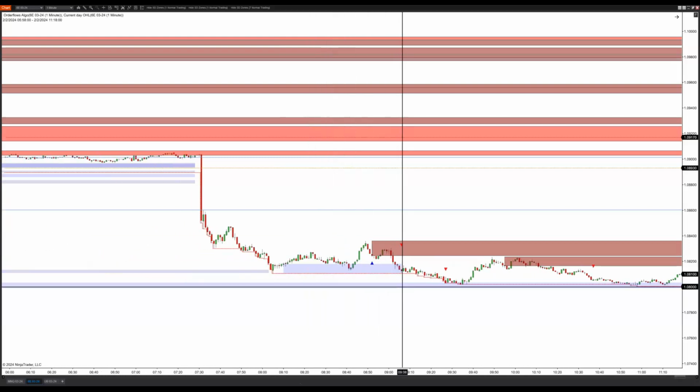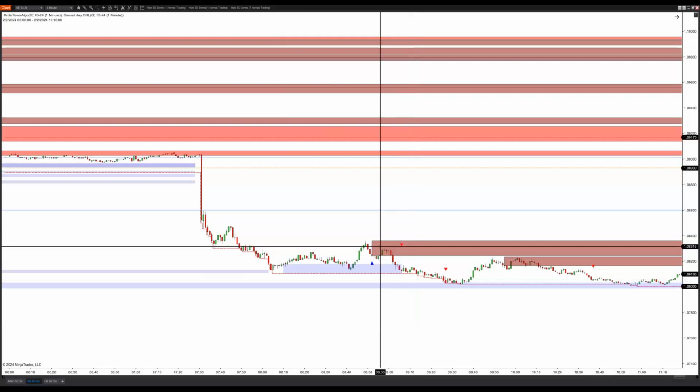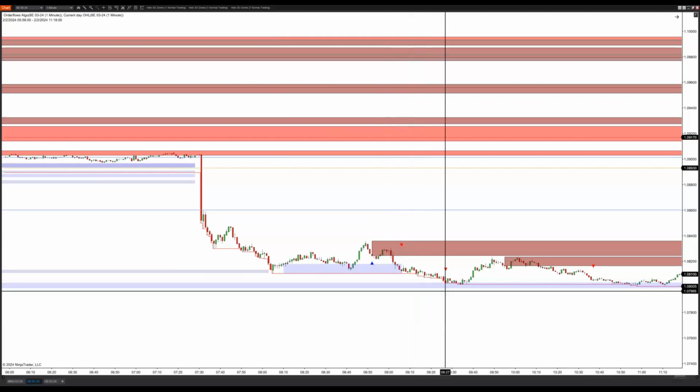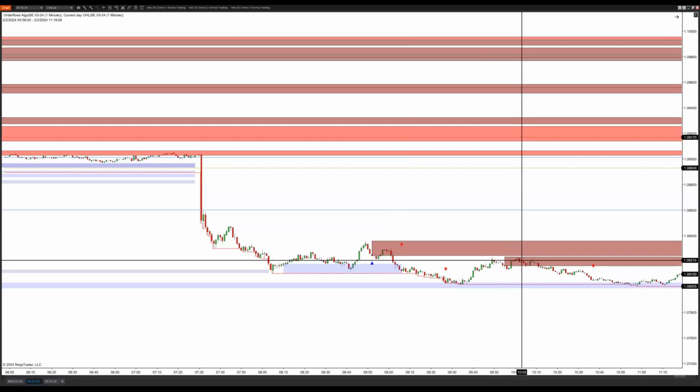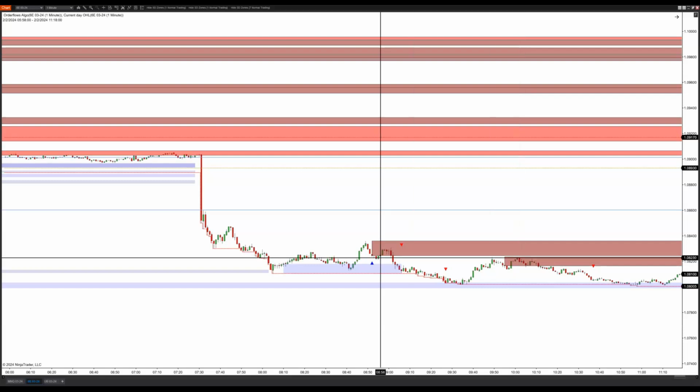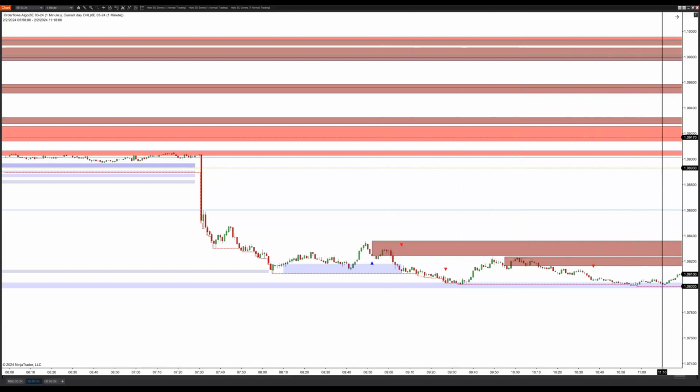Because what the market is telling me is that you had some supply come in, the market sold off, the market came back up to your supply zone, then you got more supply coming in. So those are the zones that I like overall.